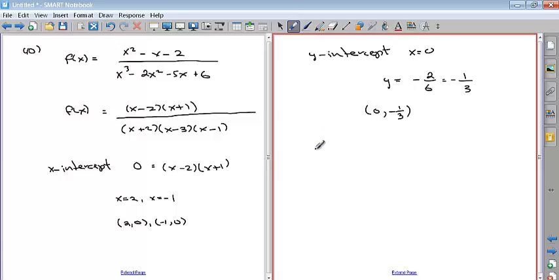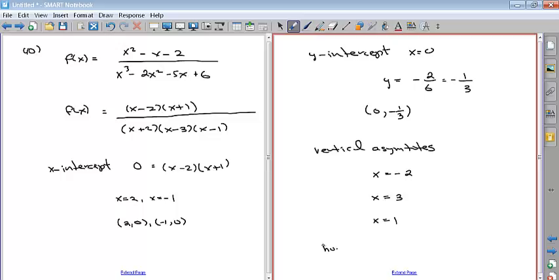Then you have the vertical asymptotes, and that's where the denominator goes to 0. So there are 3 cases. X equals negative 2, x equals positive 3, x equals 1. So those are my 3 vertical asymptotes.